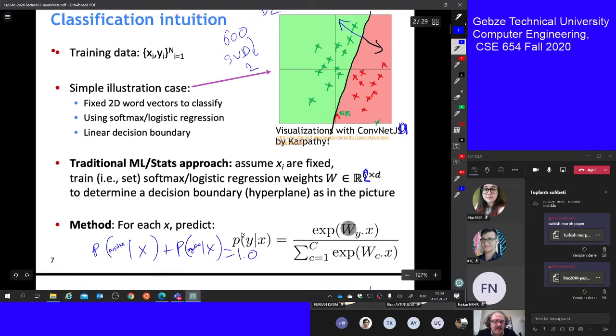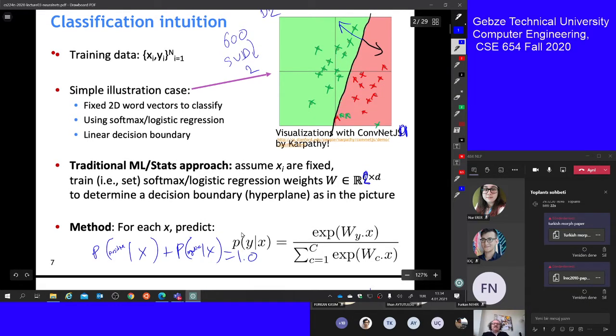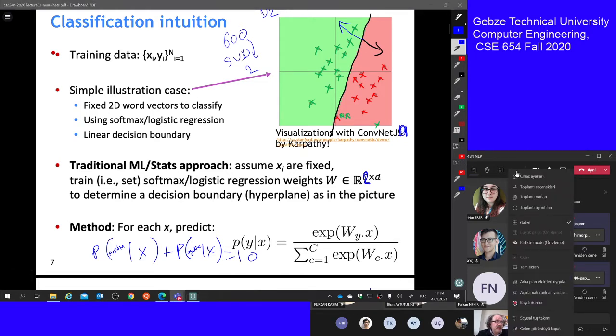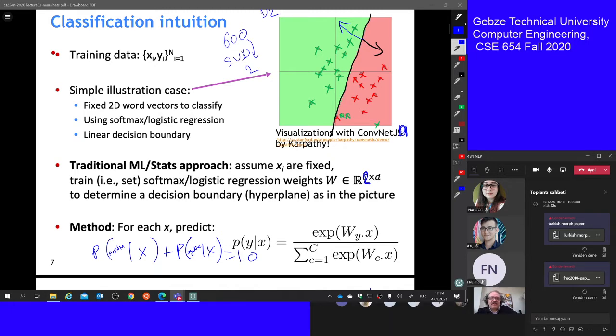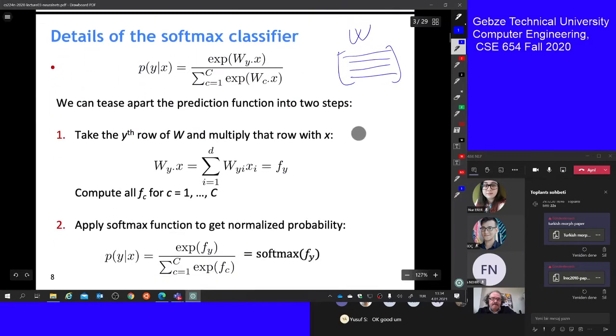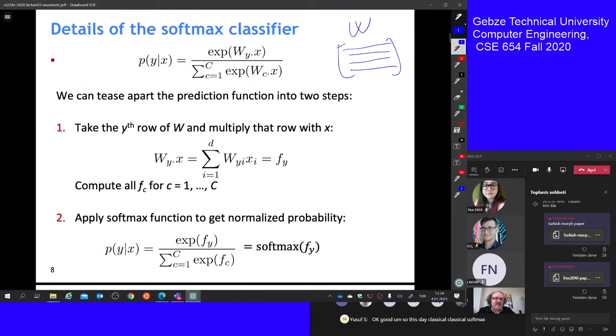So these will be the parameters of this classifier. For this classifier to work, I need to find these parameters through training. Okay, good. So this is the classical softmax. These are the details. We talked about this last time.